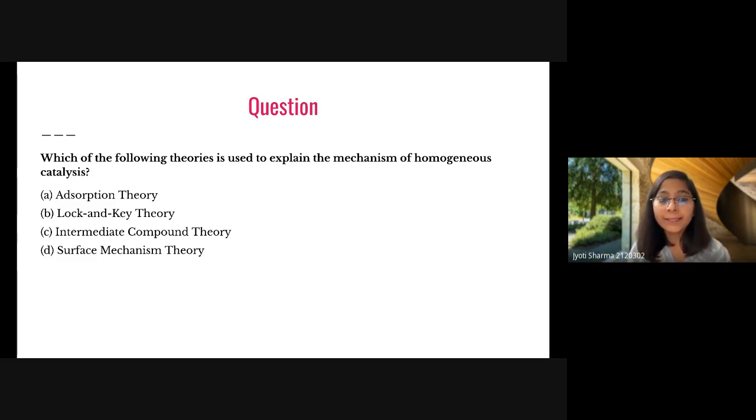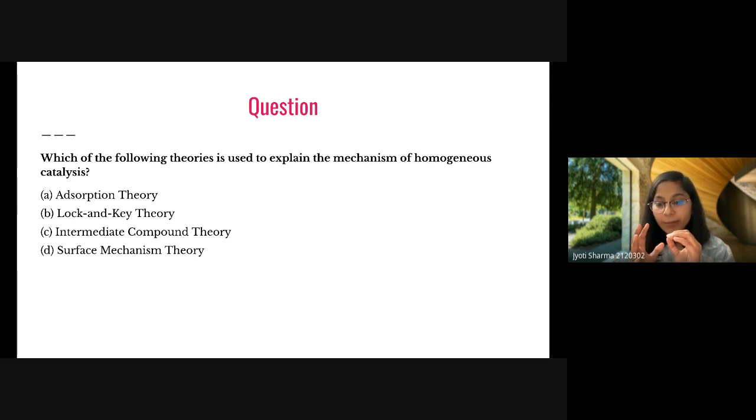Okay, then the intermediate compound theory. Yes, this is the right answer. Why? Because in the homogeneous, we have the catalyst, we have the reactant. They will attach to one another. But the original form of the catalyst will be maintained.